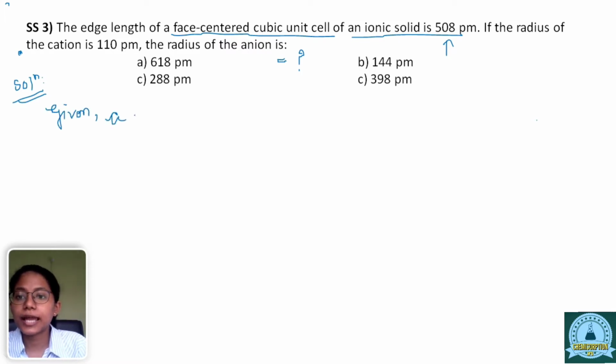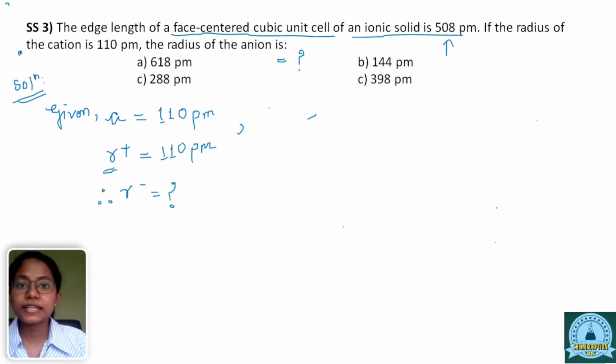R plus, the radius of the cation, is equal to 110 picometer. Therefore, we have to calculate the radius of the anion. And it is also given that the structure is FCC.